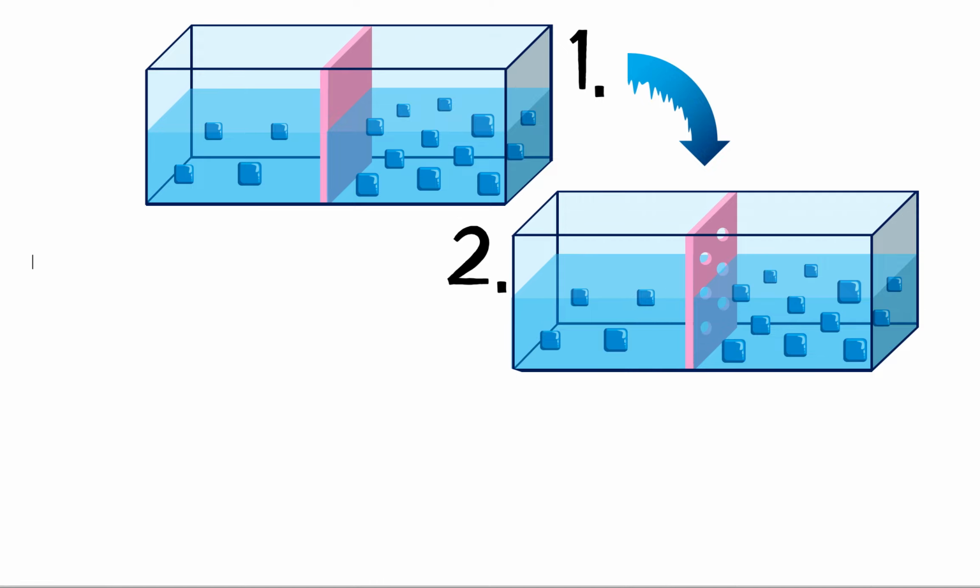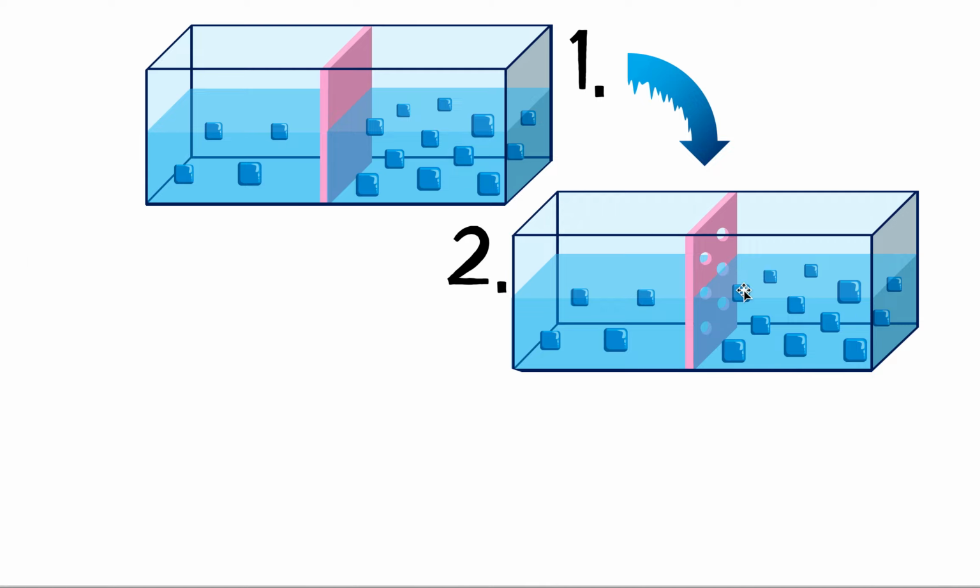Let's say we drill some holes in this wall. Now, these substances are not allowed to move through this wall because these holes are too small, but the water can move. So these holes are big enough for water to move through, but this solute or this substance is unable to move. What do you suspect is going to happen?